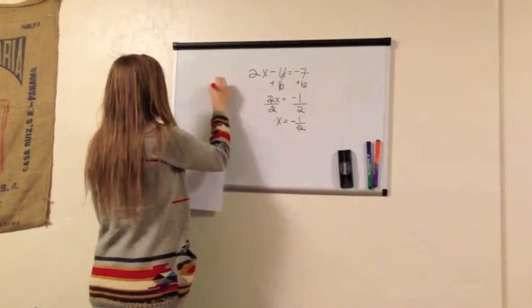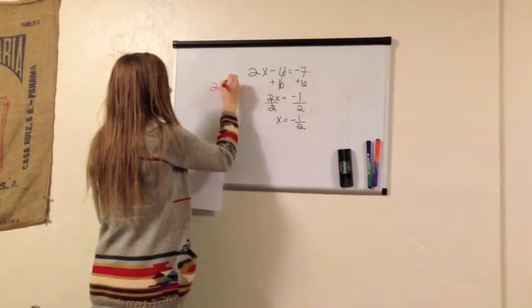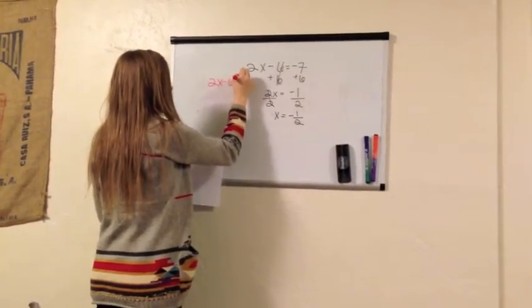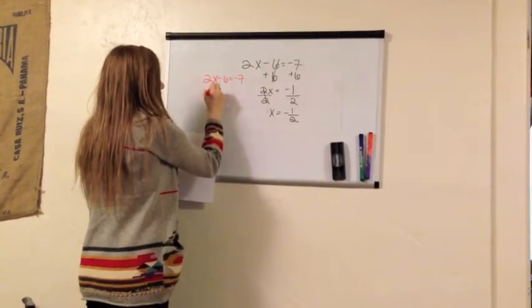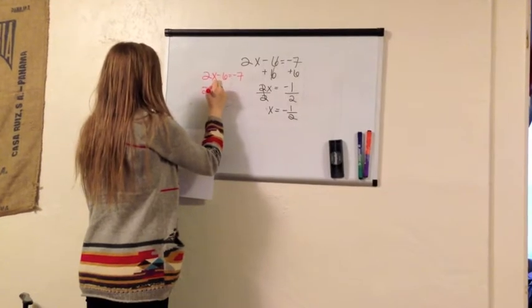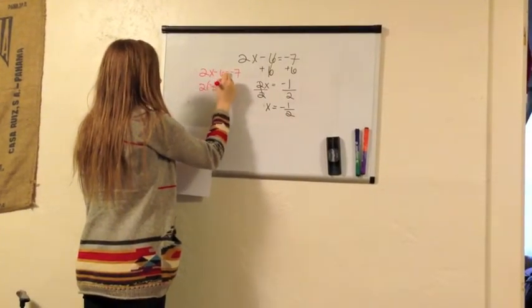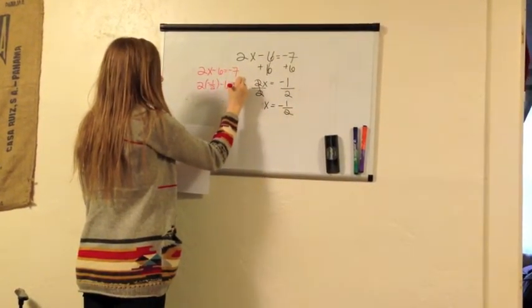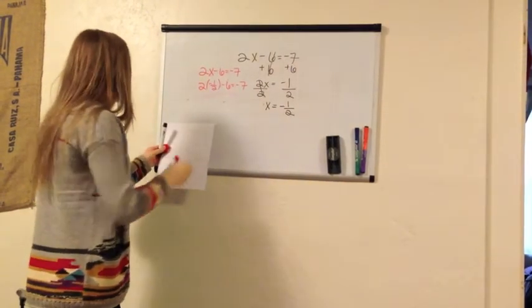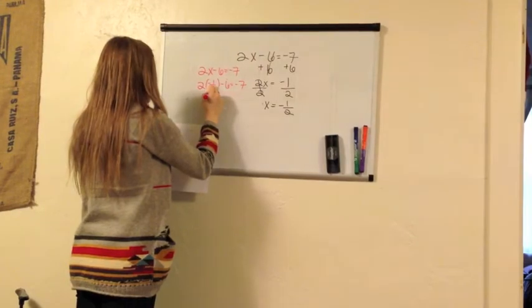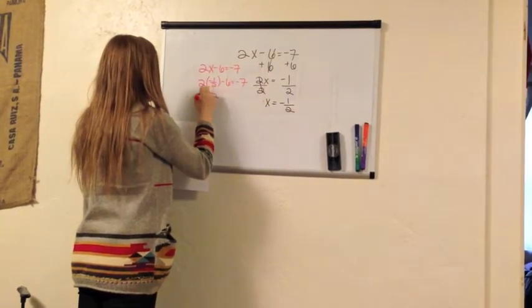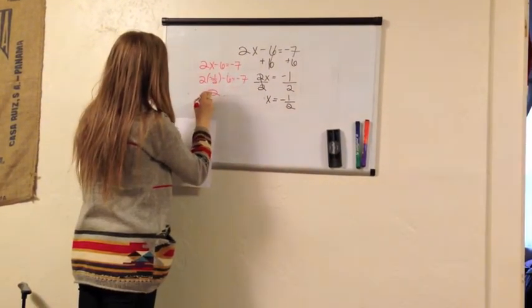So let's go over here to the checking. 2x minus 6 equals negative 7. And we got 2 times negative 1/2 minus 6 equals negative 7. All right, that's a long equation there. And so this becomes, what, negative 2?